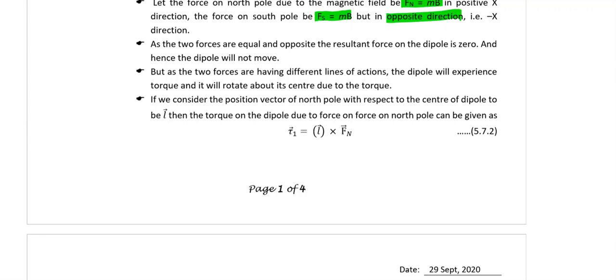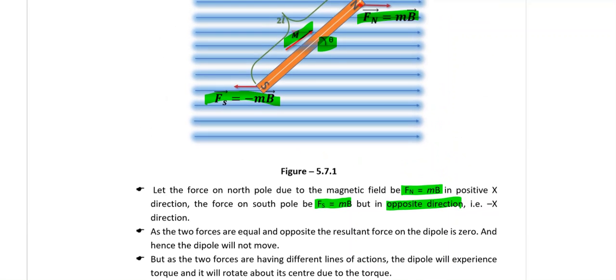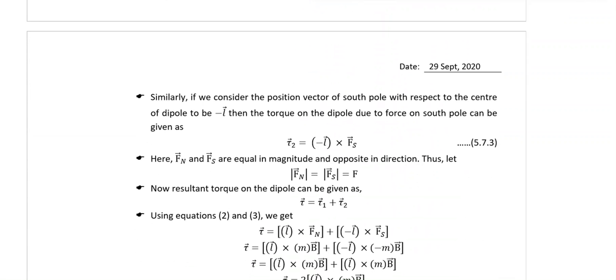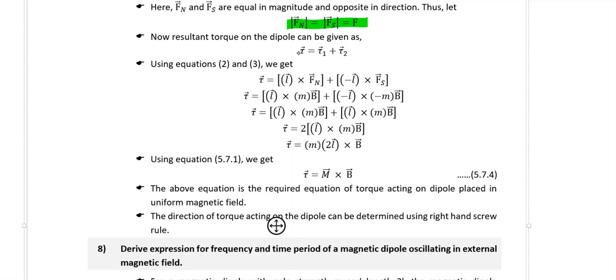And then torque is r cross f. We know that torque is r cross f. So for the north pole, what is the r value? For the north pole this is L, and for the south pole it should be minus L. So with that we have the torque acting on the south pole, forces are equal and opposite, and this is the resultant torque.